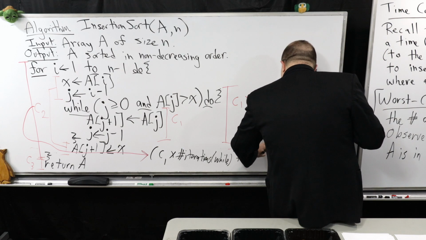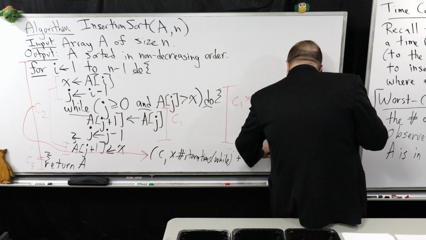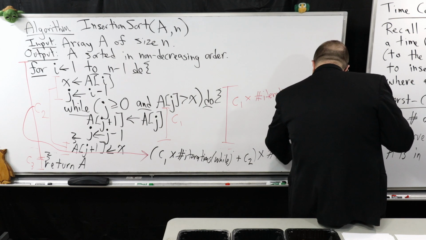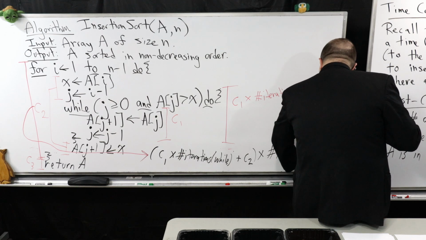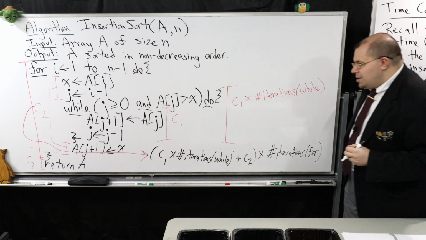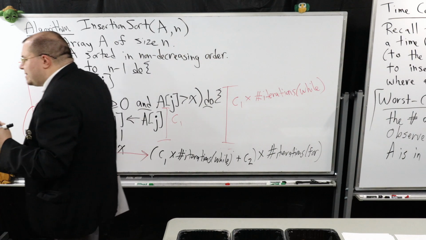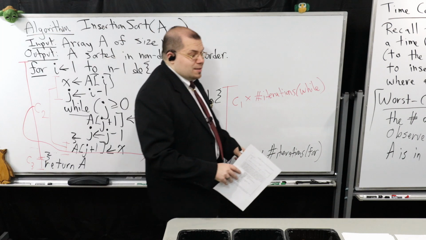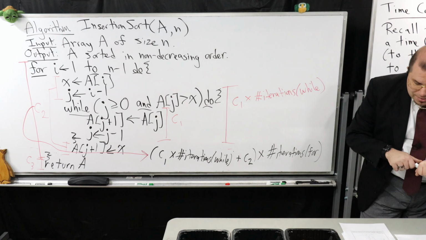But it happens depending on the number of iterations of the for loop. So you'd multiply this all by the number of iterations of the for loop. So if I can break this down and figure out what those iterations are and then simplify, I'll have my complexity function. Are there any questions about how I did this?